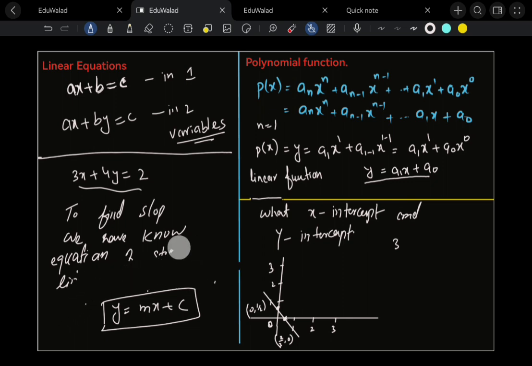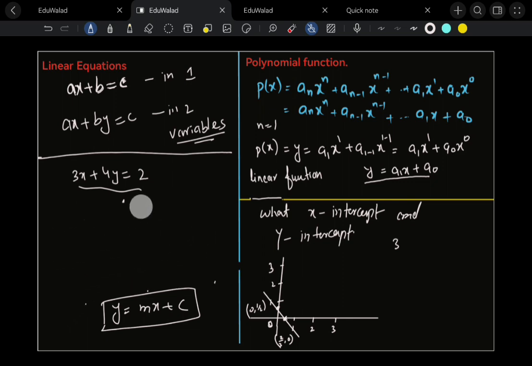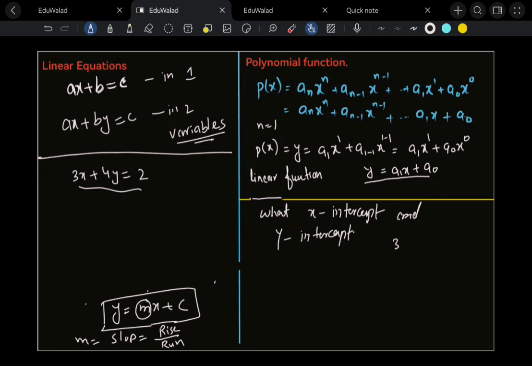Now to get the value of m, because m is the slope, m is equal to rise over run. As we know from the graph, as we move from 0 upward, we move points 1, 2, 3.